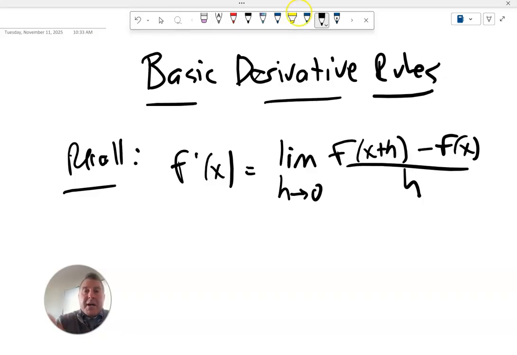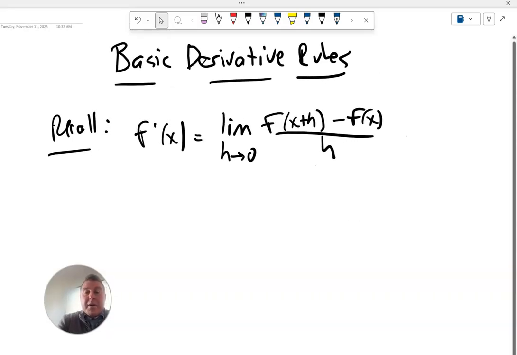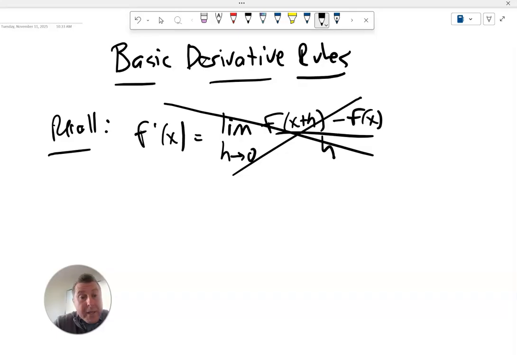So we spent a lot of time, even with basic functions, deriving derivatives using this limit definition. And for even the most simple functions like y equals x squared, this is a fairly cumbersome task. So what we are going to do from now on is no longer use the limit definition directly to find derivatives of functions, but use some basic rules.